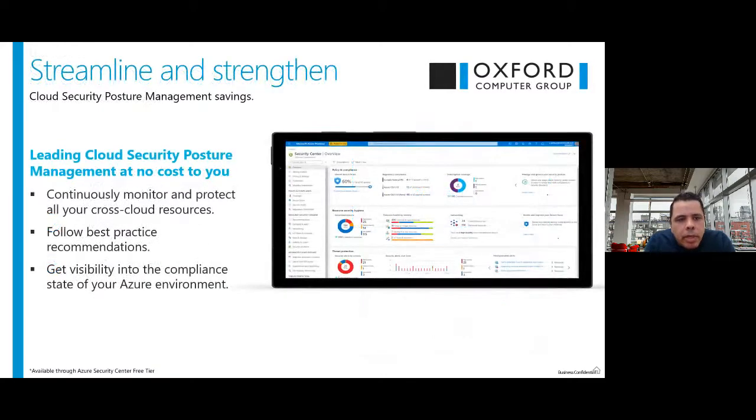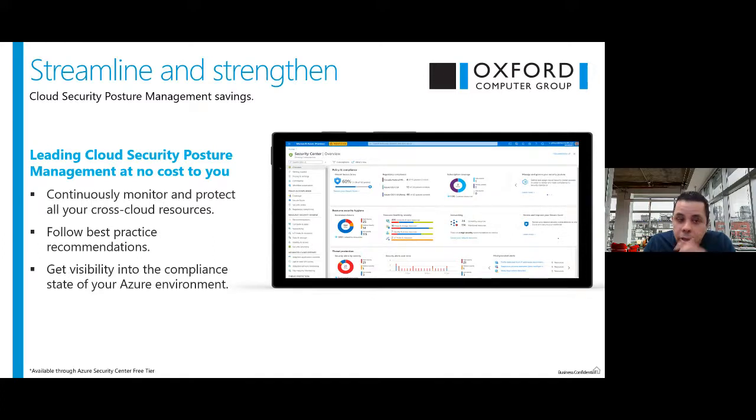Another benefit was when it comes to your cloud security posture management. So cloud security posture management is essentially allowing you to see the health of your Azure, or rather infrastructure as a service deployment. Now, if you're using Azure as your IaaS provider within the Security Center, the Microsoft Security Center, you're getting this at no additional cost.